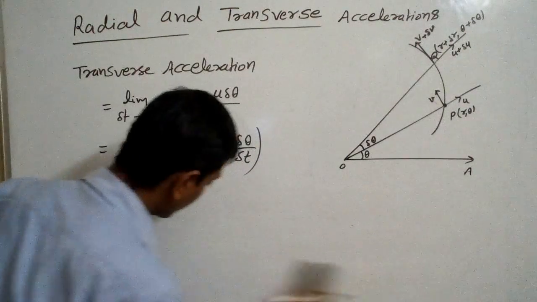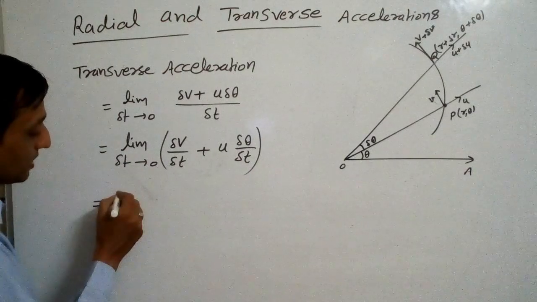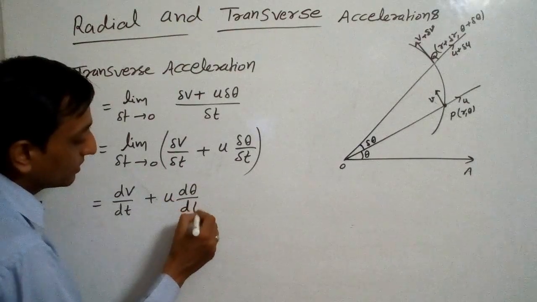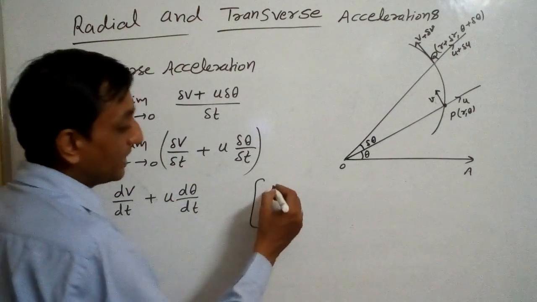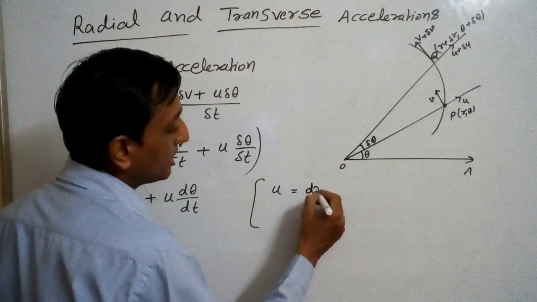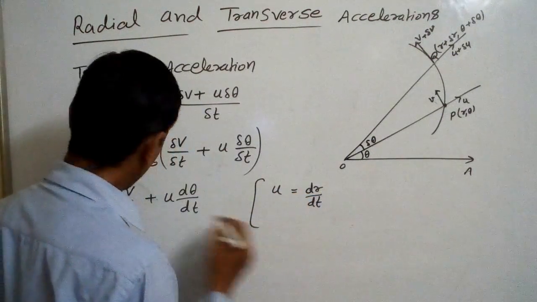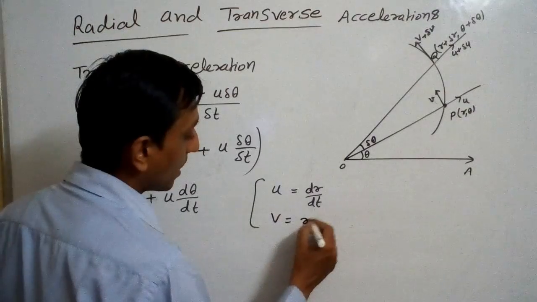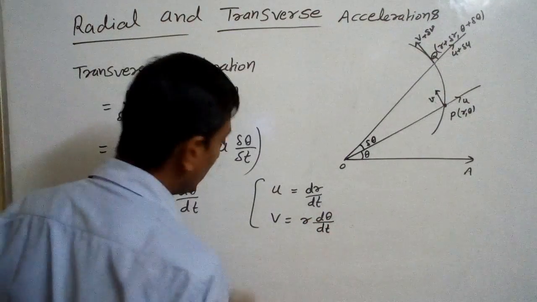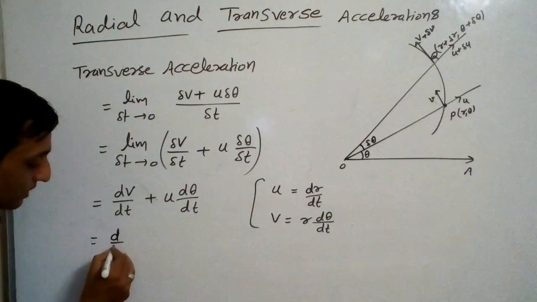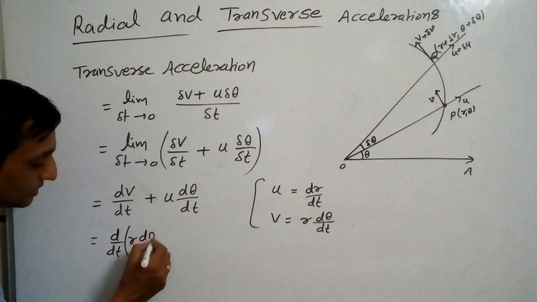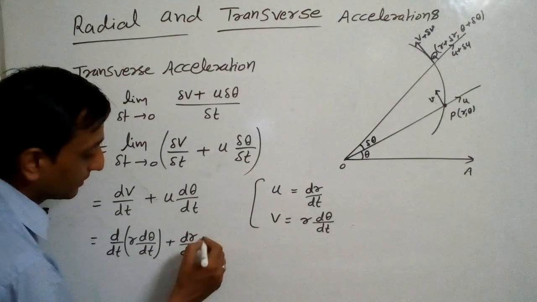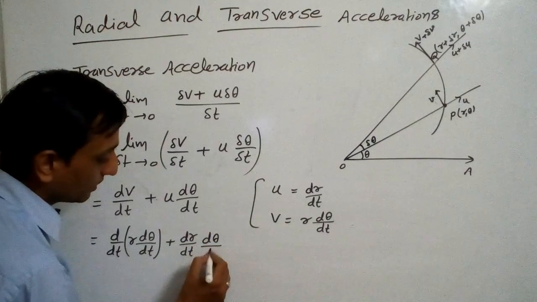We can easily write this as dV/dt plus U d theta/dt, and we know radial velocity U is dr/dt, and V is r d theta/dt. So we can write d/dt of (r d theta/dt) plus dr/dt times d theta/dt.